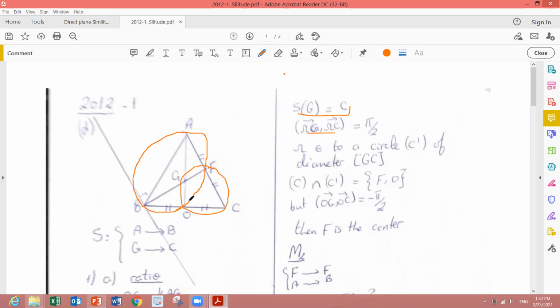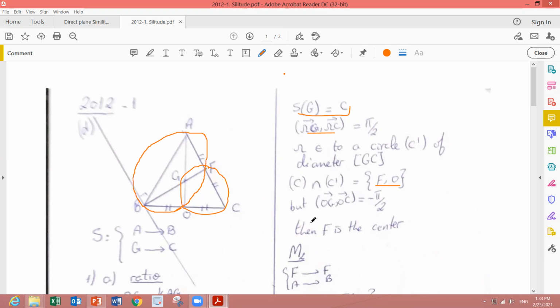So these two circles intersect at which two points? At O and F. These two circles intersect at F and O. But how much is the angle OGOC? It is minus pi over 2.